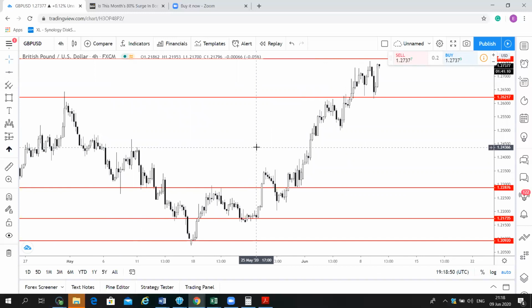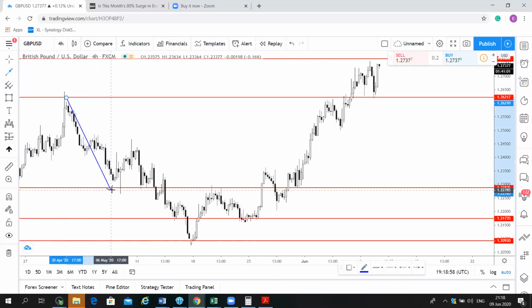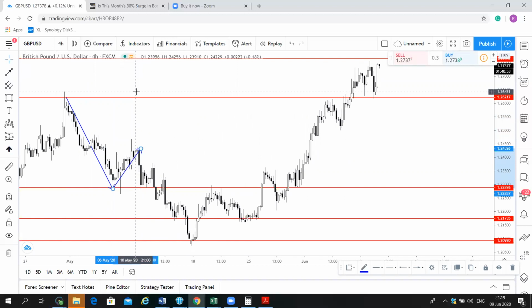However, we can notice certain trends. As we go down from this high to a low point, this is a support. Then we expect the market to buy. Unfortunately, it doesn't buy to the resistance.